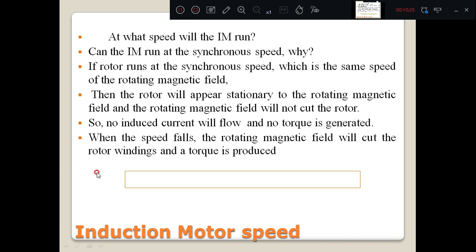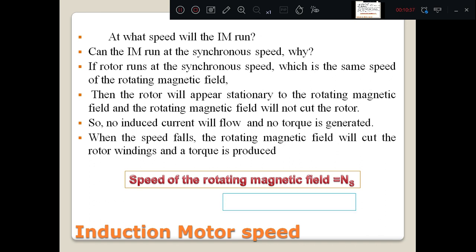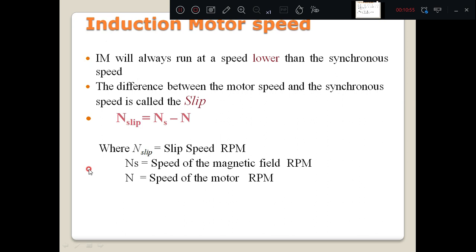The speed of the rotating magnetic field is ns, which is called the synchronous speed. Whereas the speed of the rotor is represented by n. These ns and n are measured in rpm, revolutions per minute. Definitely n is less than ns. In the induction motor we have two different speeds.